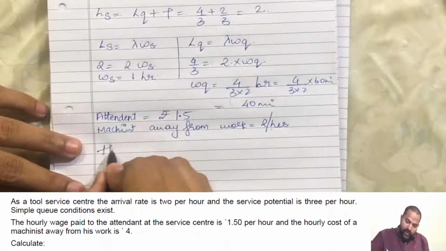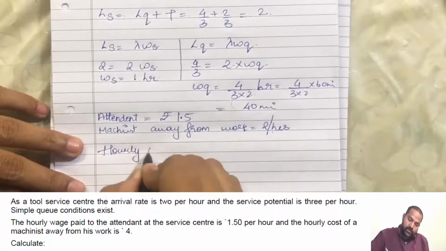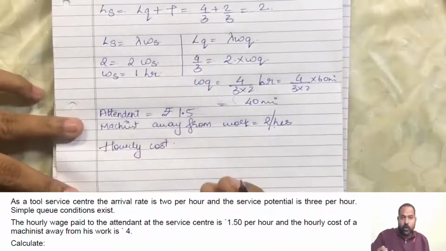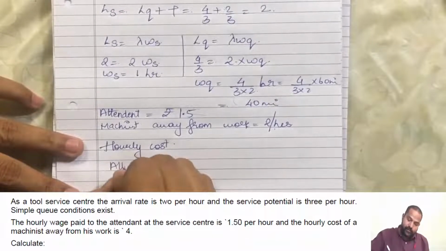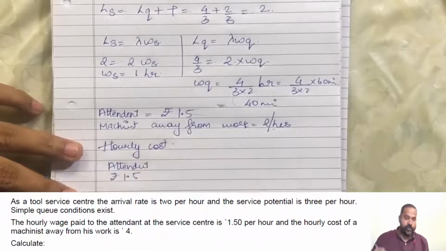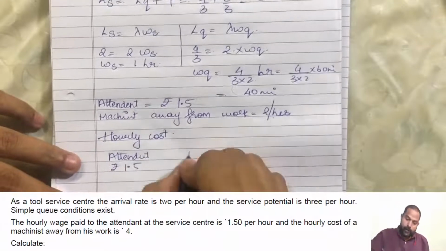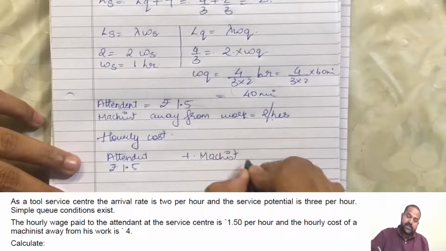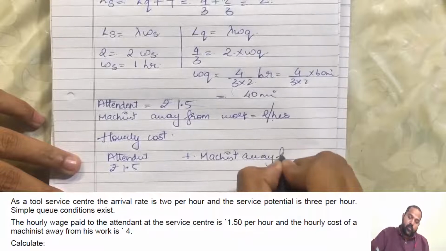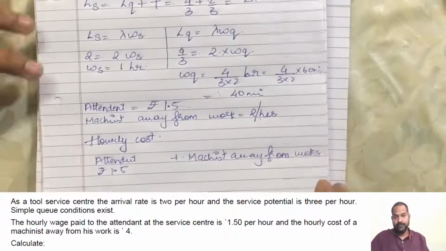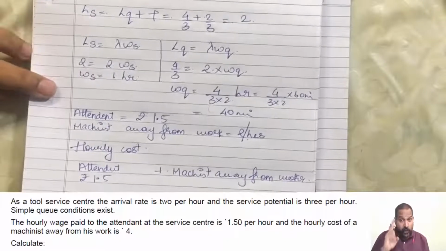Let's do something called as an hourly cost. Okay. Hourly cost of attendant is, well, attendant's hourly cost is 1.5 rupees. Fantastic. Plus the hourly cost of a machinist away from work. Okay. So understand what I am saying properly.